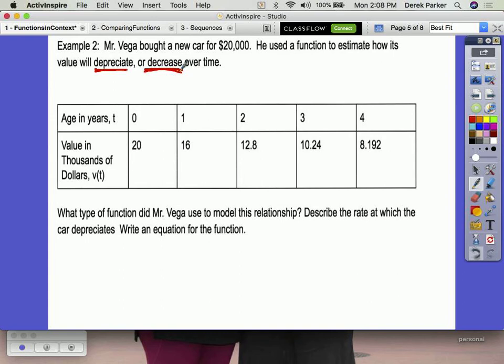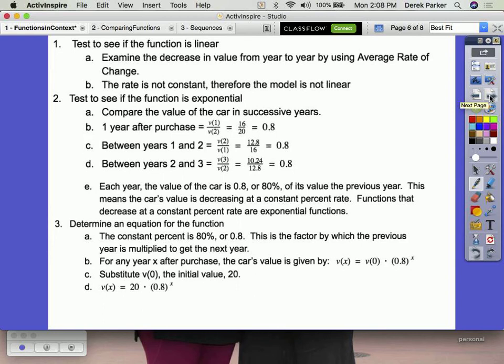So let's move to the explanation. Test to see if the function is linear. Step 1: examine the decrease in value from year to year by using the average rate of change. This rate is not constant, therefore the model is not linear. Now, test to see if the function is exponential. Compare the value of the car in successive years. 1 year after purchase, 16 divided by 20, 0.8.